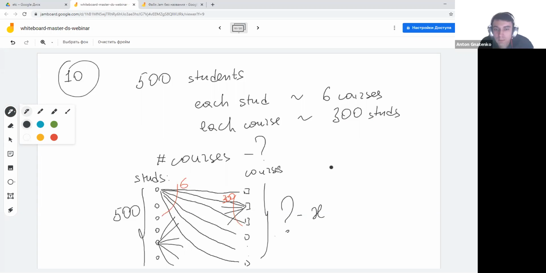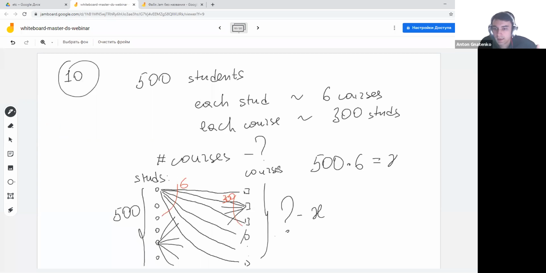So now the number of lines is of course the same. It doesn't differ if we compute it on the left side or on the right side. On the left side, there are 500 students. Each has 6 lines going out. So the total number of lines is this. On the other hand, let's go to the other side and compute the lines there.